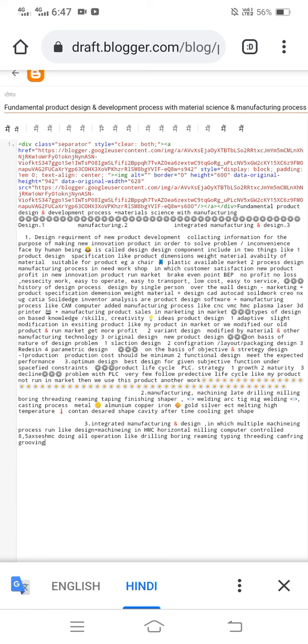Next, on the basis of objective and strategy of designs, number 1, production cost should be minimum. Number 2, functional design, meet the expected performance.